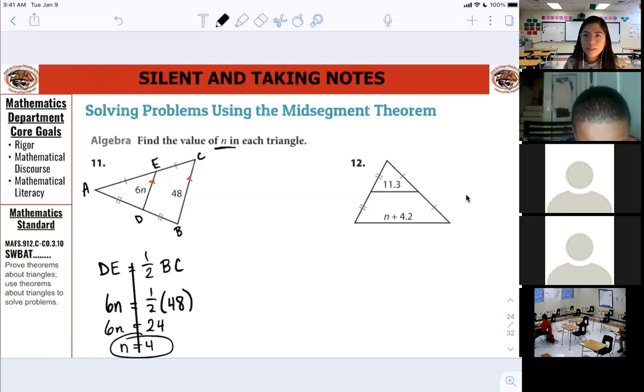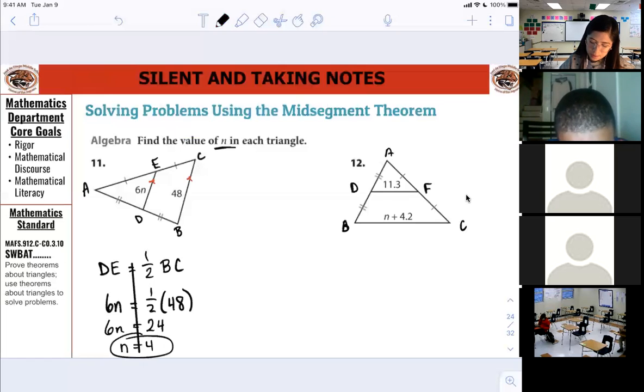Okay. What about number 12? Same idea, same exact relationship. Can anyone set up the equation for me? Would it be 11.3 equals 1/2 of n plus 4.2?